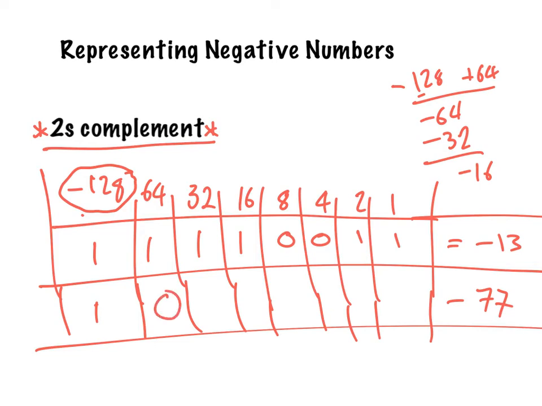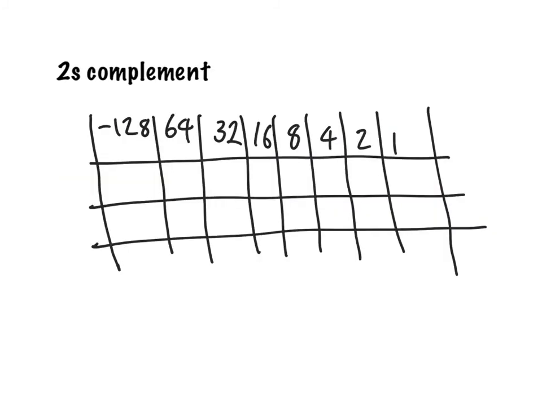I don't need 64 because that would take me to negative 64, but I do need 32, I do need 16, I don't need 8, I don't need 4, I do need 2, I do need 1. And if you add up negative 128 plus 32 plus 16 plus 2 plus 1, you will get negative 77. Okay, so let's have a look at an example going the other way.